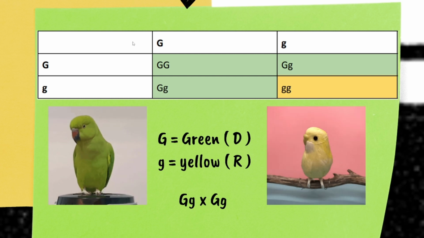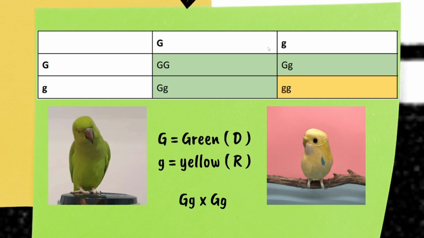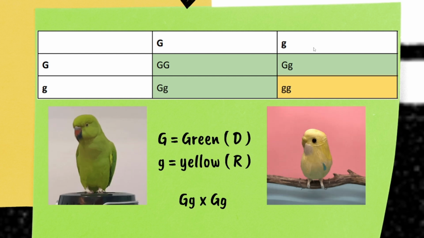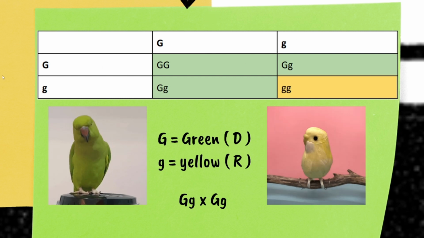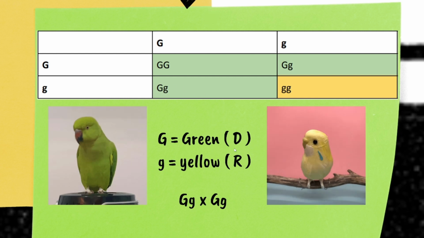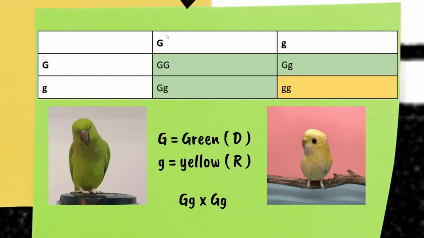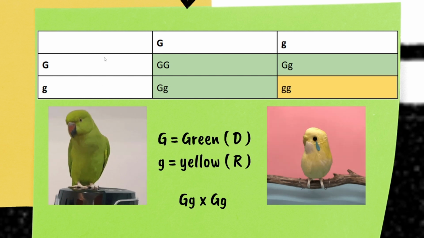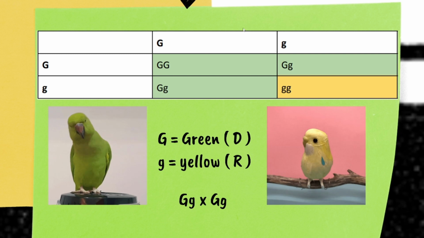In this example we're mating a capital G and a small g. So we're mating a heterozygous organism with another heterozygous organism. Why heterozygous? Because it has a capital G and a small g. So one heterozygous organism with another heterozygous organism.